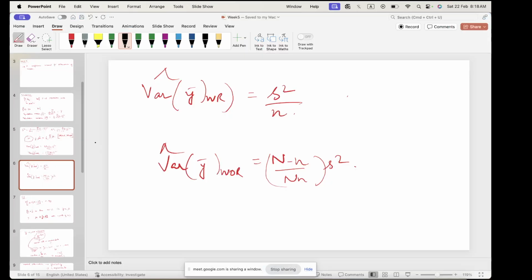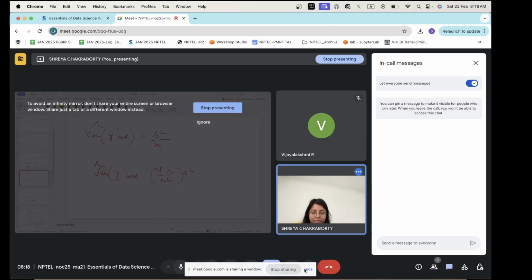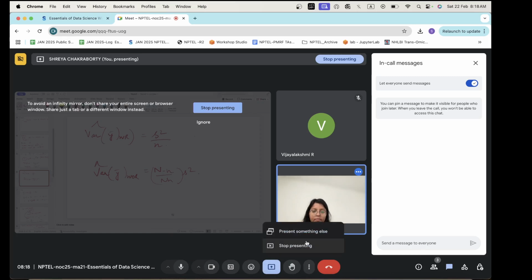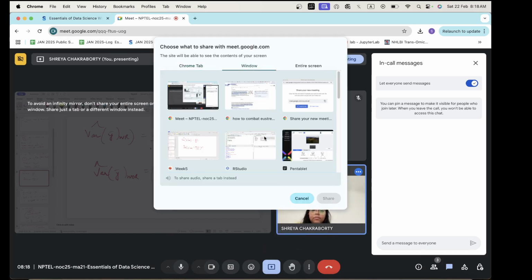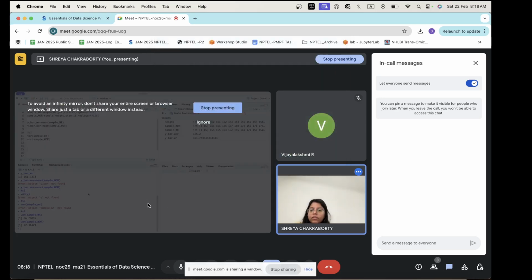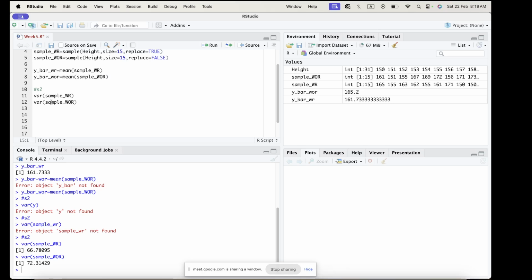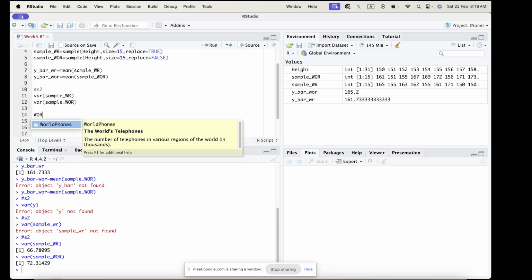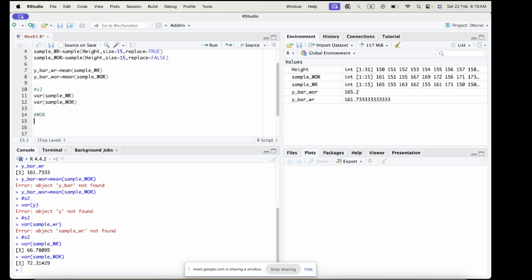So if I consider the WOR case, let's say, and the population variance sigma square is known.